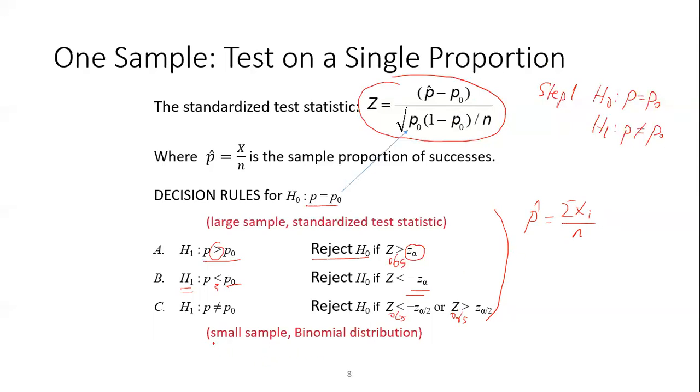But for small sample sizes, for n equal to 5, 6, 10, 15, generally we don't use the standardized test statistic or the normal distribution. What we use is simply the binomial random variable X, and we use the p-value for this kind of hypothesis test.